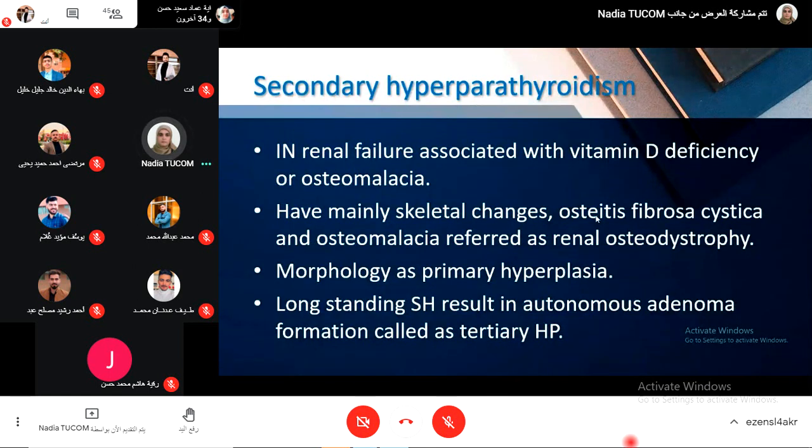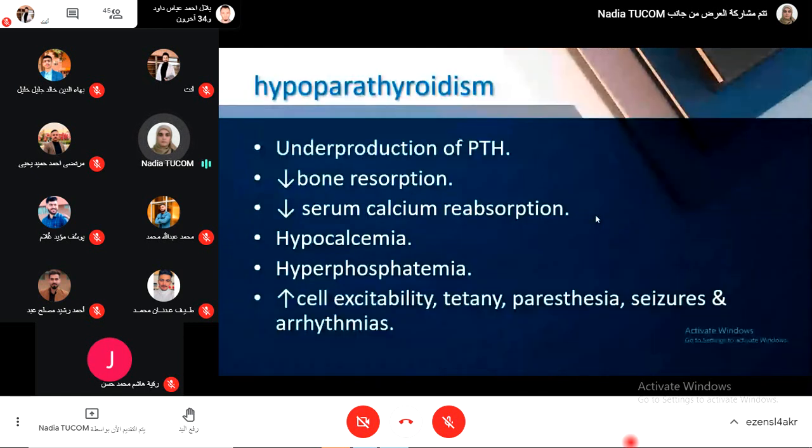Another question, we move on to hypoparathyroidism. Okay guys, hypoparathyroidism is the opposite of hyperparathyroidism. Serum PTH is low, whereas serum calcium is what?